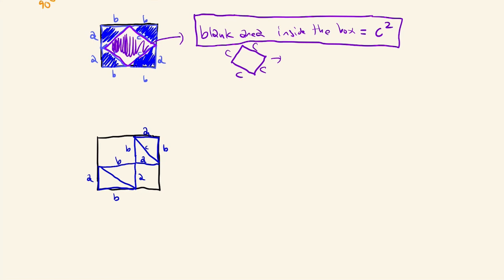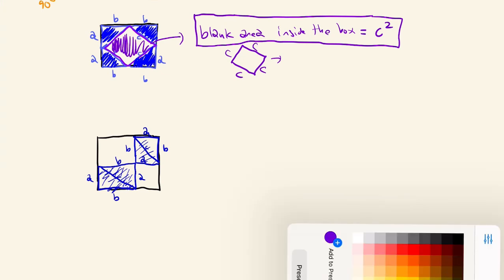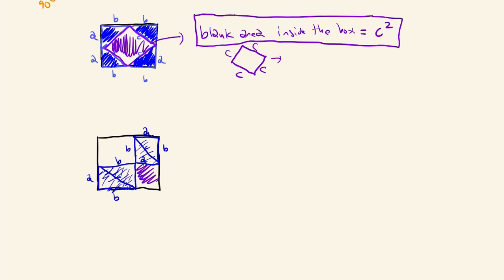Okay, so now remember that our blocks are this blue area. So this has all been colored in. So we're looking for the purple area again. And you can see that we have two squares here.